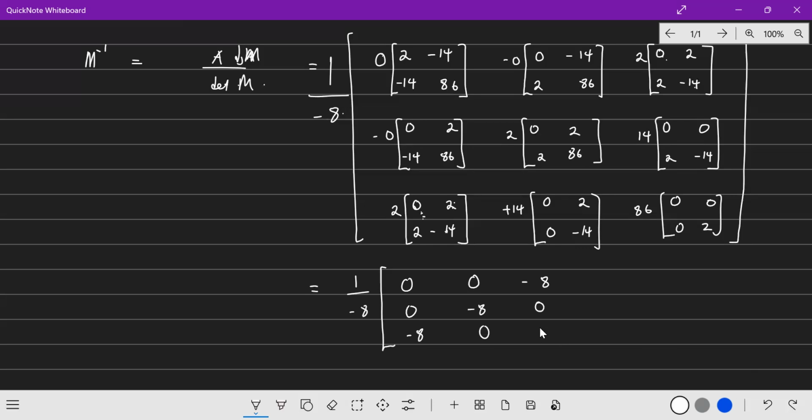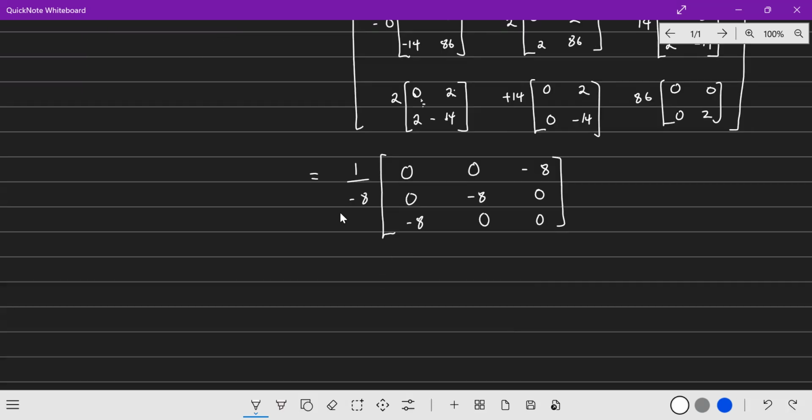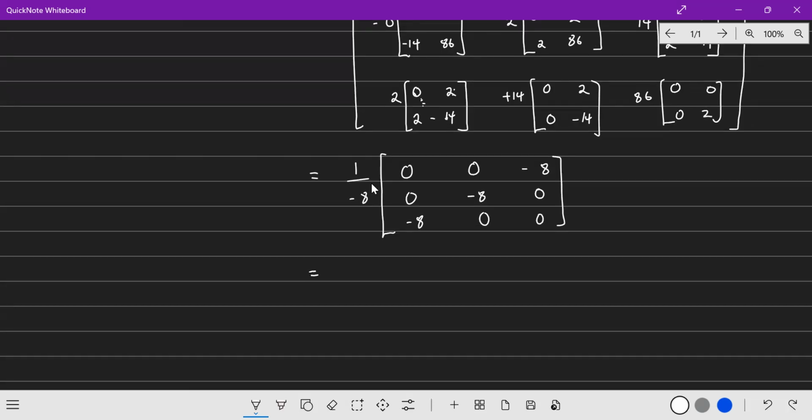Even here again you have a 0. Okay, so let us divide by negative 8 because now we're dividing by the determinant. So every element divided by negative 8, what do you have? You have 0 here, you have 0 here, you have 1 there, you have 0 here, you have 1 here, you have 0 here, you have 1 here, you have 0 here, you have 0 here. You divide by negative 8.